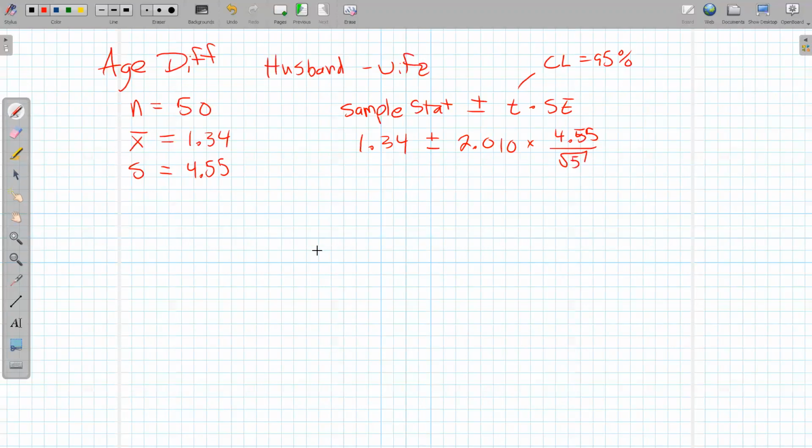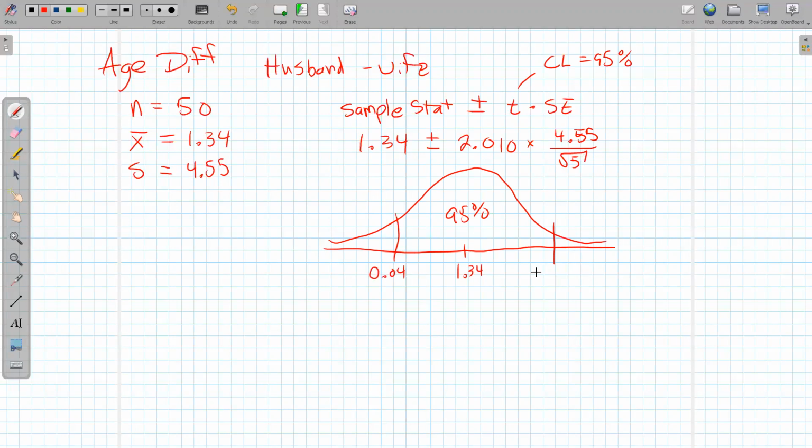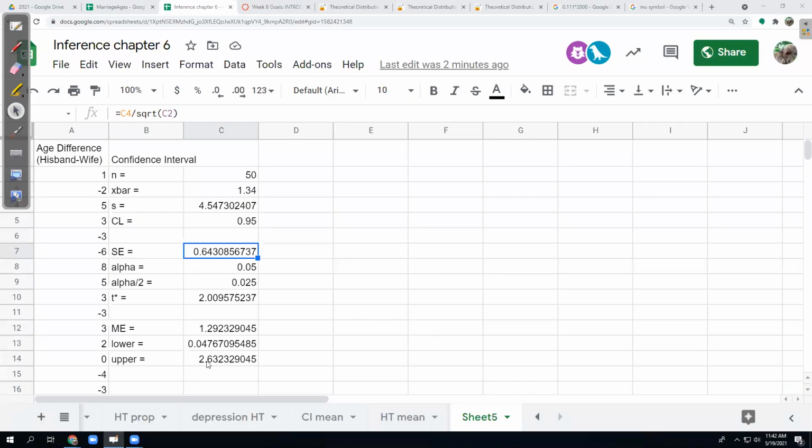And based on that, we found a 95% confidence interval where we have our 1.34 in the middle, and on the edges 0.05 and 2.63.